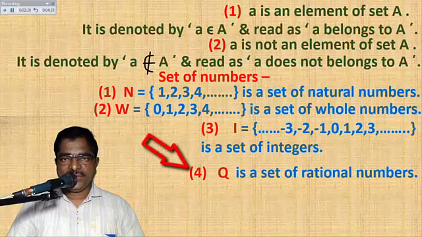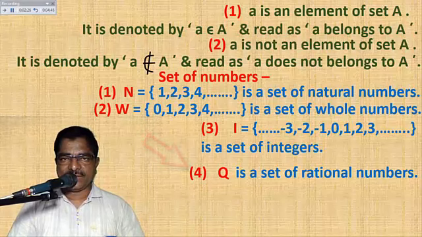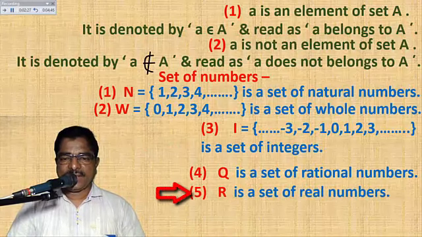Then fourth, capital Q is the set of rational numbers, and capital R is the set of real numbers.